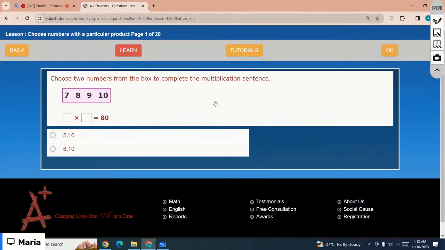Which is the correct option? The correct option is 10 times 8 is 80. So option number 2 is the correct option.